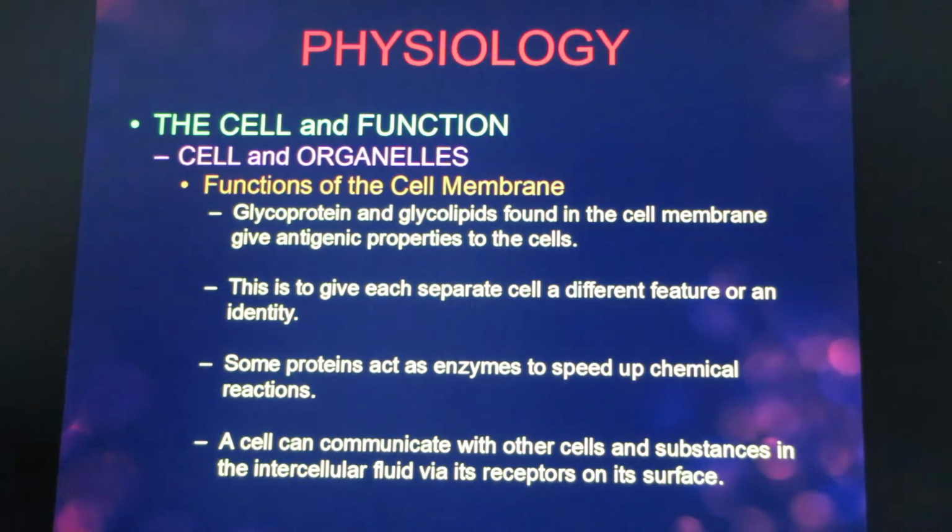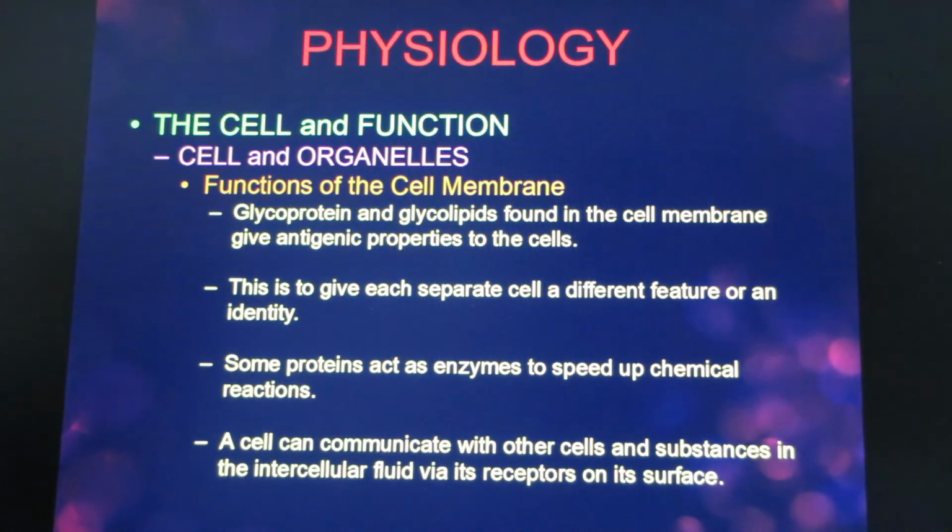So the glycoproteins and glycolipids found on the cell membrane give antigenic properties to the cells. This is to give each separate cell a different feature or an identity.